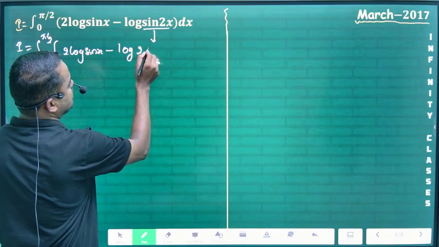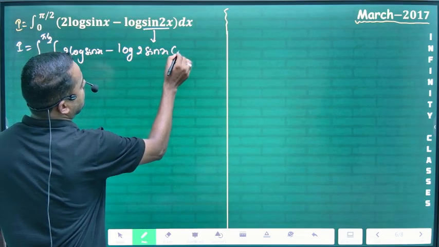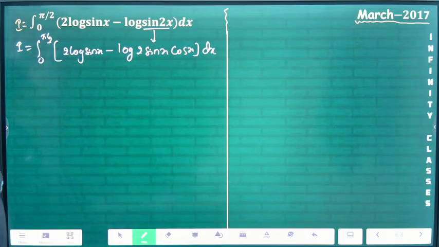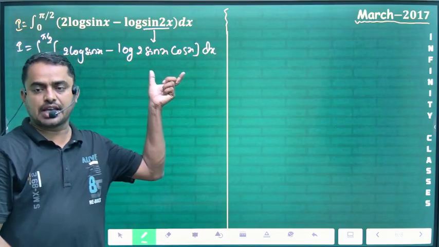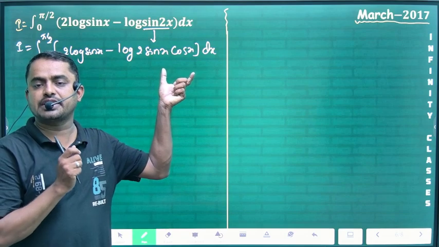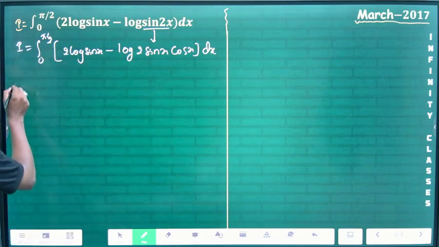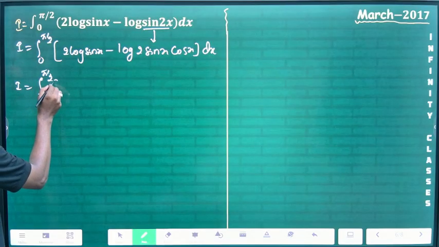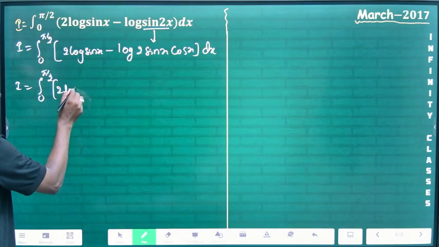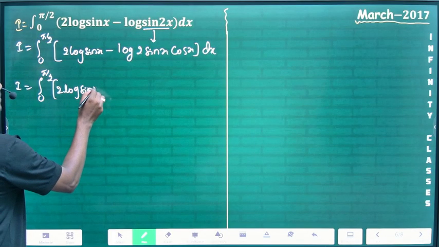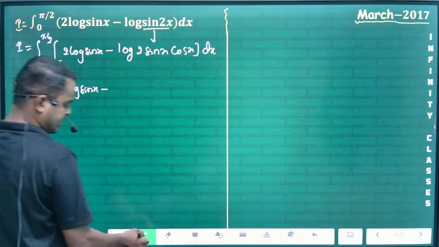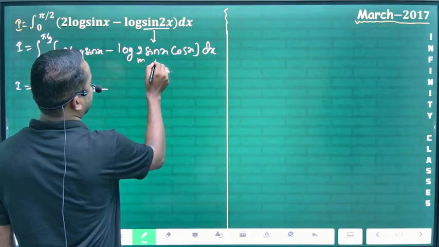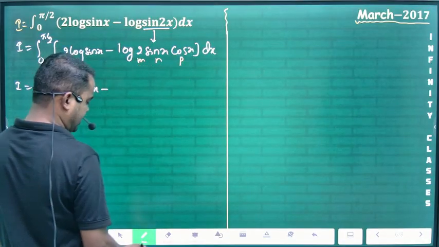I am using the formula: sin 2x is 2 sin x into cos x. Then I is equal to the integral from 0 to 5 by 2 of 2 log sin x minus, see here, log of m into n into p.